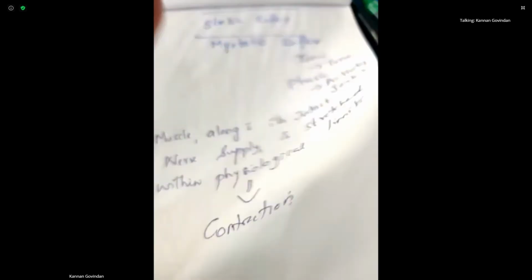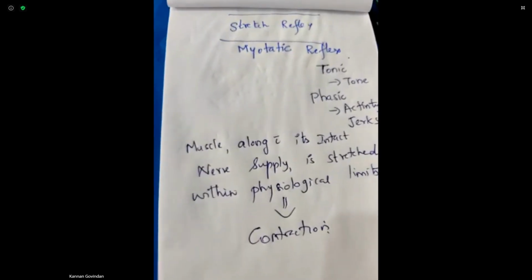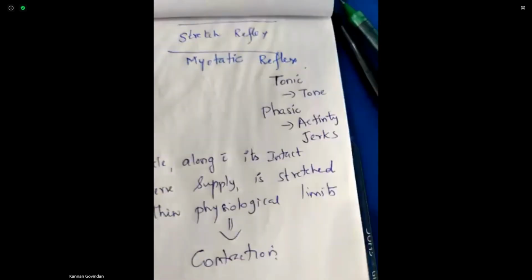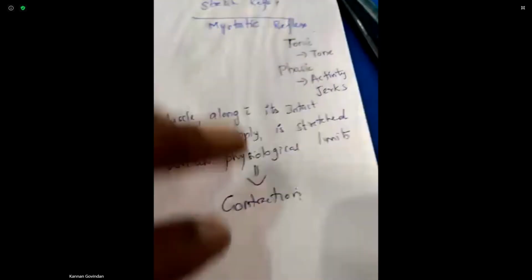Okay, whenever a muscle along with its intact nerve supply is stretched within physiological limits, the muscle goes for contraction. We will see the circuit, how it goes for contraction.